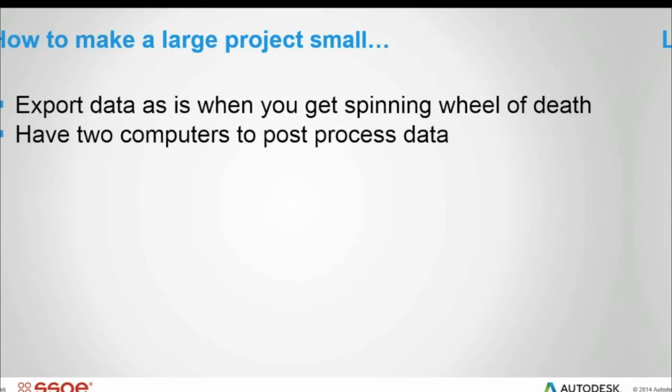And really, just as soon as you keep putting stuff into a region and you get that spinning wheel of death where it starts spinning longer and longer, as soon as it takes, let's say, 15 to 20 seconds to place something to a region, just do yourself a favor, export everything as is, and then restart from that exported data set. Once again, like in my previous example, 48 hours versus an hour.